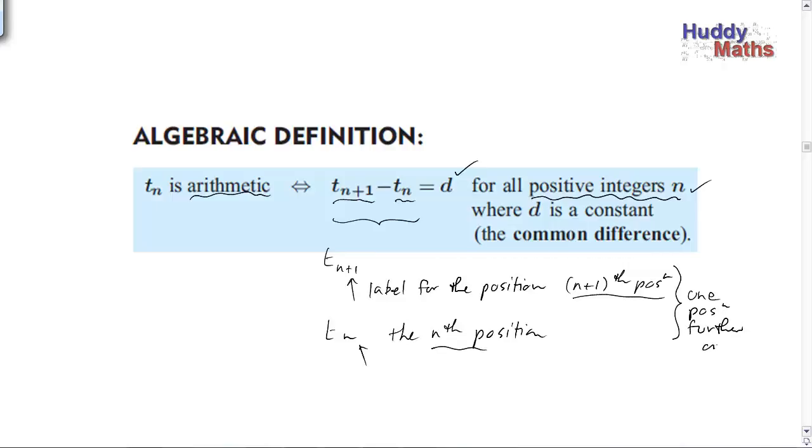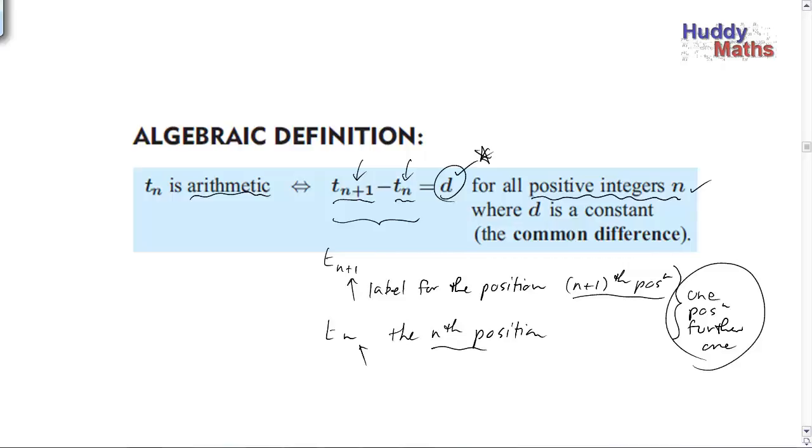And that's a nice little neat mathematical way of saying it without using words. We like to use that precise sort of notation. So what's it saying up here then? It's saying if you take a term and minus the one that came before, you always get D. So it is important in this course to get your head around that. That's going to be quite important shortly.